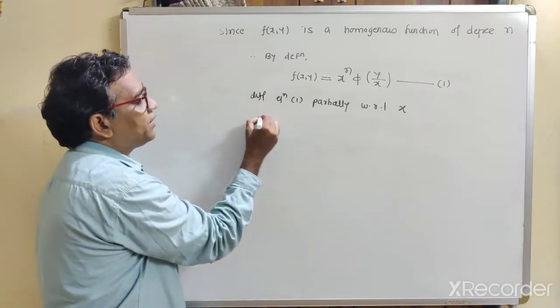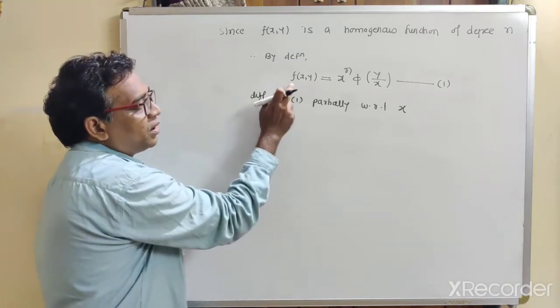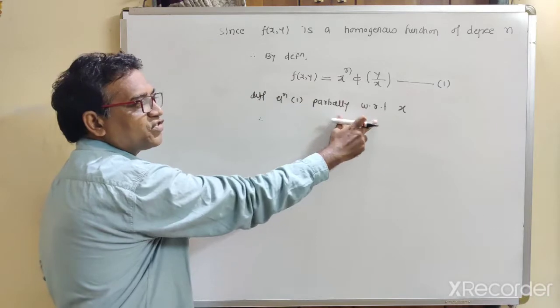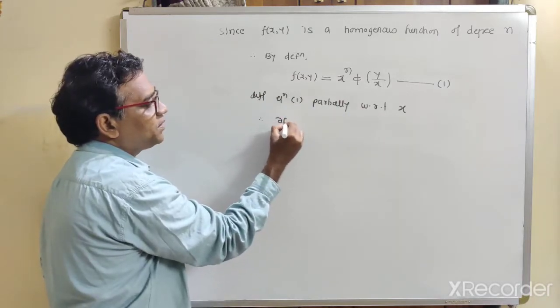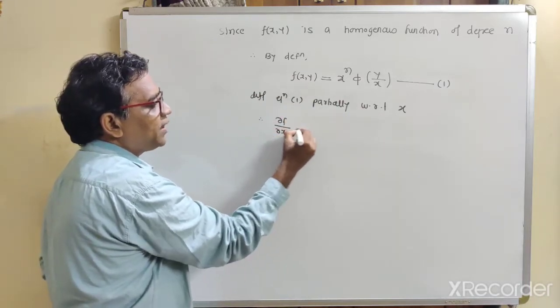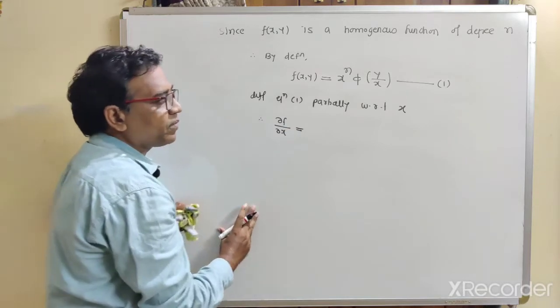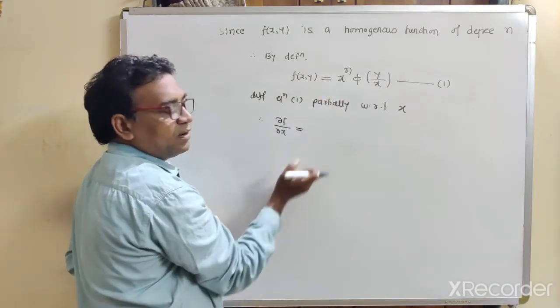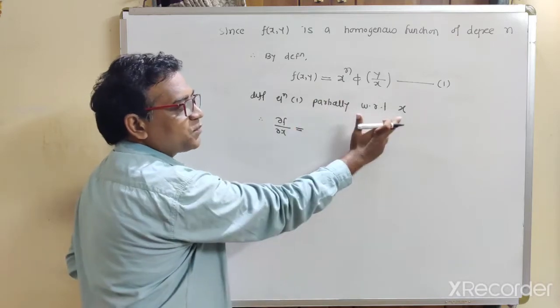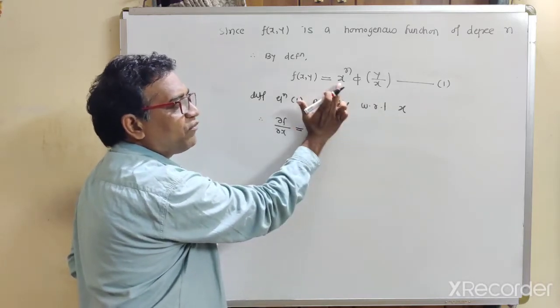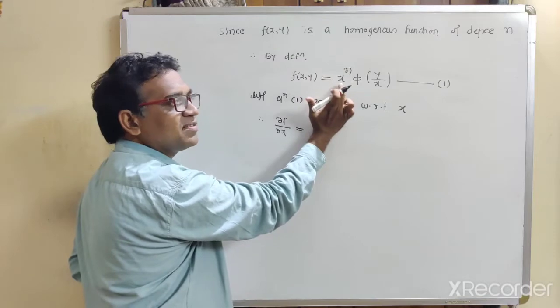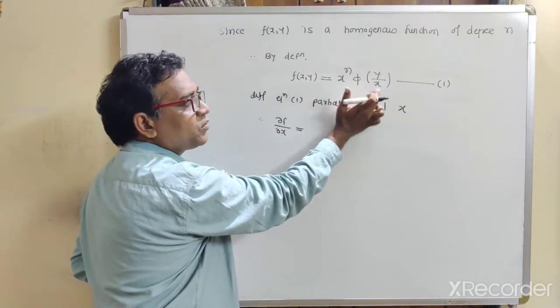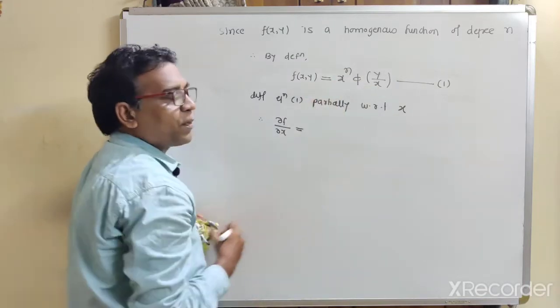So differentiating partially with respect to x, this is del f by del x, equal to, now both terms are variable, since both contain x, so use the product formula.